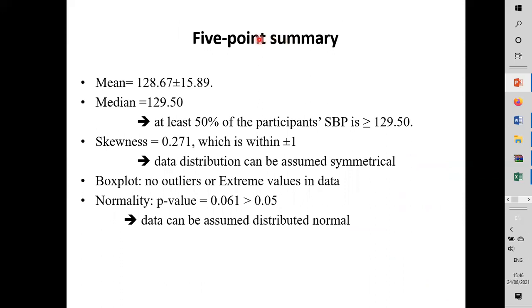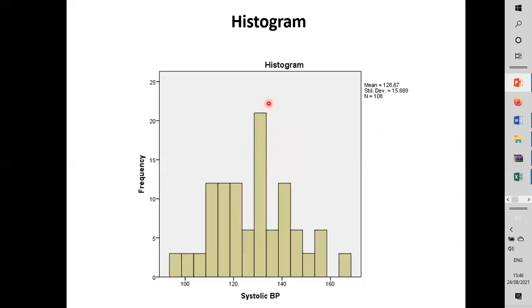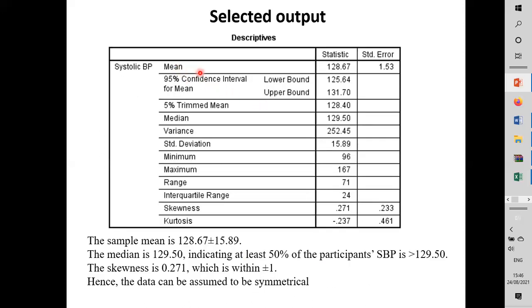Five-point summary. What's the mean? 128.67, plus or minus 15.89. This is the mean, and this is the standard deviation. Again, with one click, the whole thing will be there. What's the mean? What is the standard deviation? Let me show the output. So that's the mean value, and this is the standard deviation value.